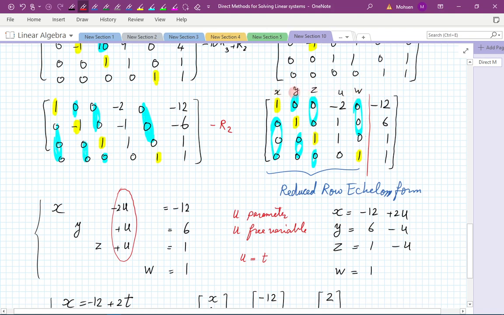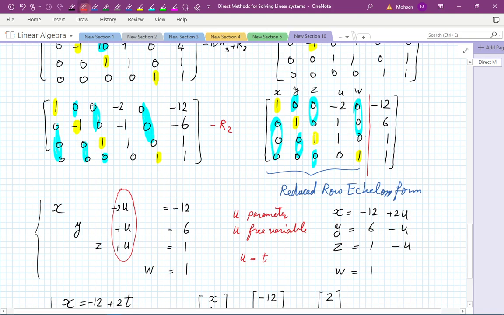For example, here x, y, z, w are going to be dependent, meaning what? x depends on u, y depends on u, z depends on u. In this case, w doesn't, and that's fine. The variables that are taken to the right hand side are referred to as free variables.